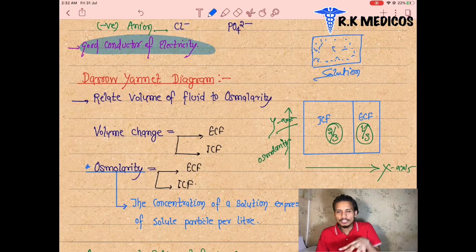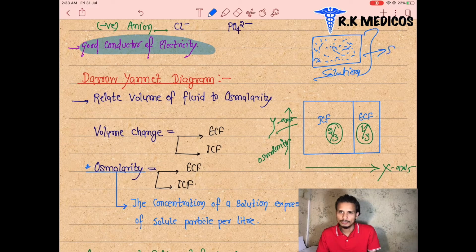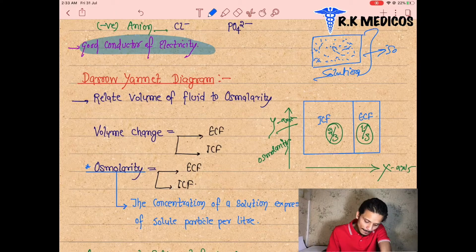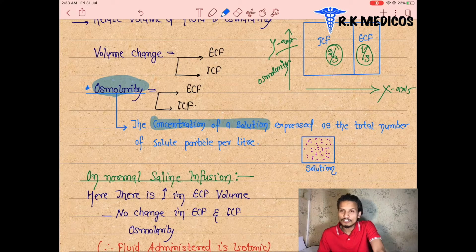Suppose that water is mixed with something. The fluid with solute particles is commonly called a solution, and the concentration of that solution is called its osmolarity. It depends on what solute particles are present inside the liquid. Osmolarity, the concentration of solution, is expressed as the total number of solute particles per liter.